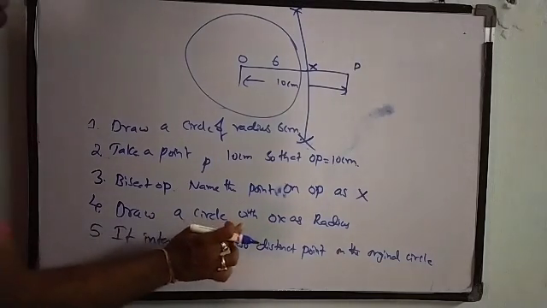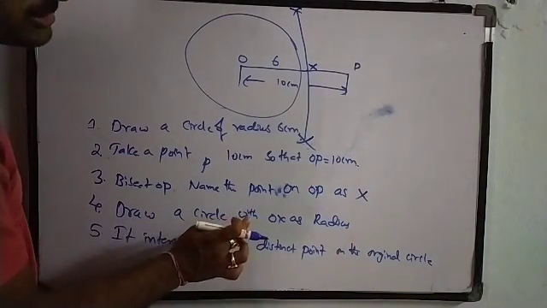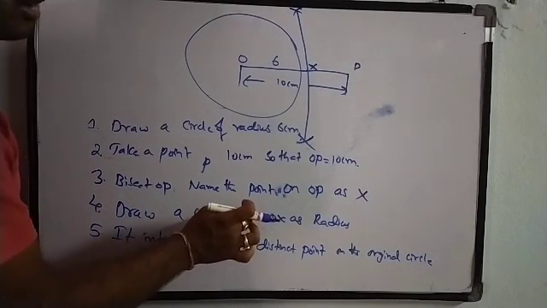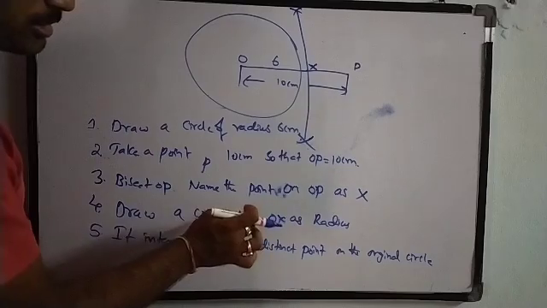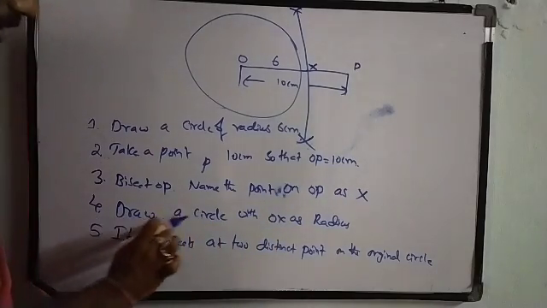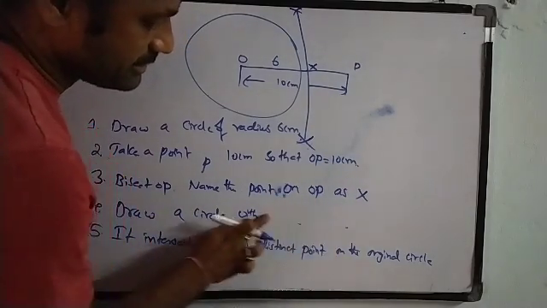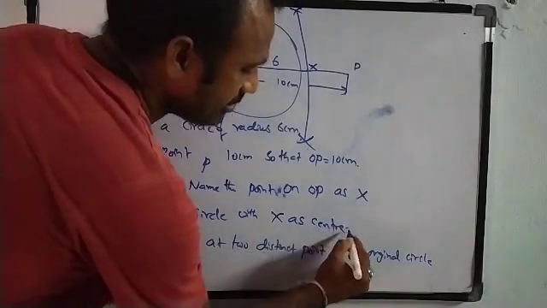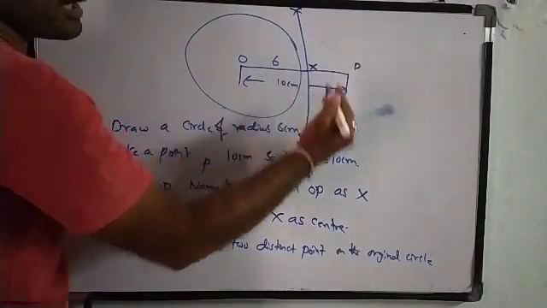Now draw a circle with OX. Okay, not OX, with X as center. Draw a circle with X as center and radius XP.